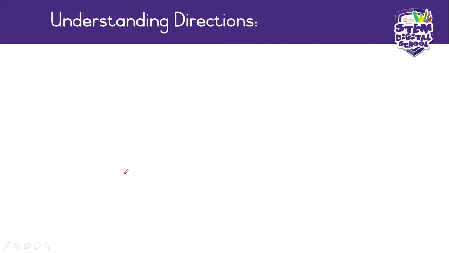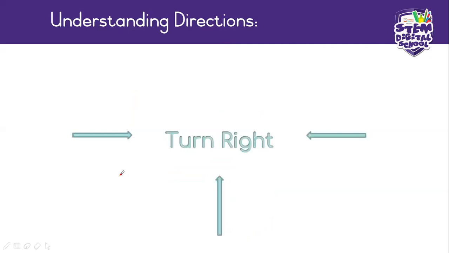Now let's do the same with right. We can be in 4 positions, or your character can be in 4 positions. Okay, if he is facing this way, then turn right is going to be down.